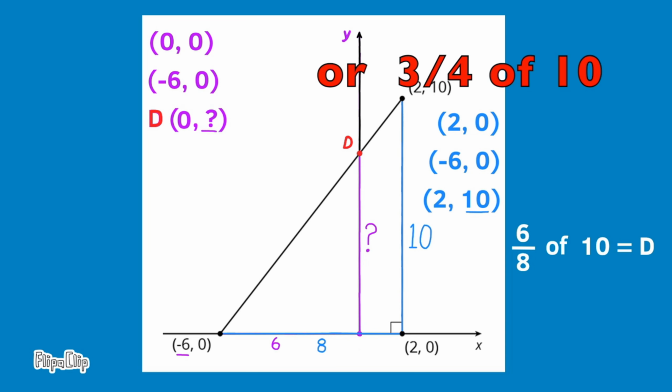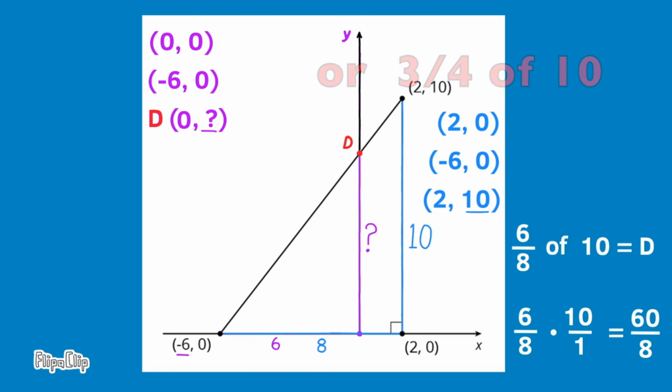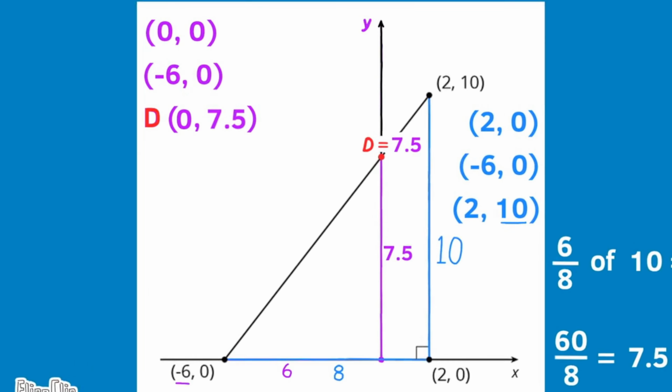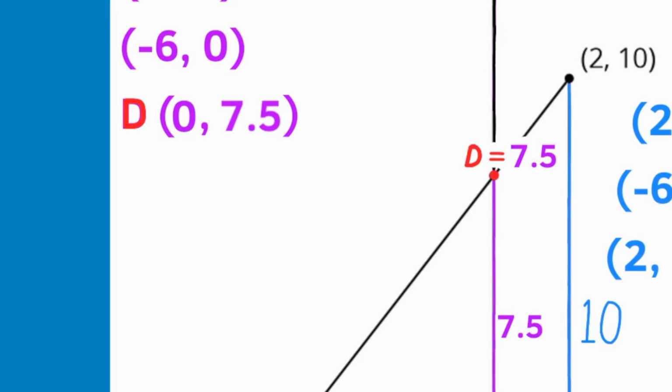So 6/8 of 10 equals D. 6/8 of 10 is 60 over 8. And 60 over 8, or 60 divided by 8, equals 7 5/10, or 7 1/2. It just occurred to me that 6/8 is the same as 3/4, so I could have just said 3/4 of 10 is 7.5. The coordinates for D are 0 and 7 5/10.